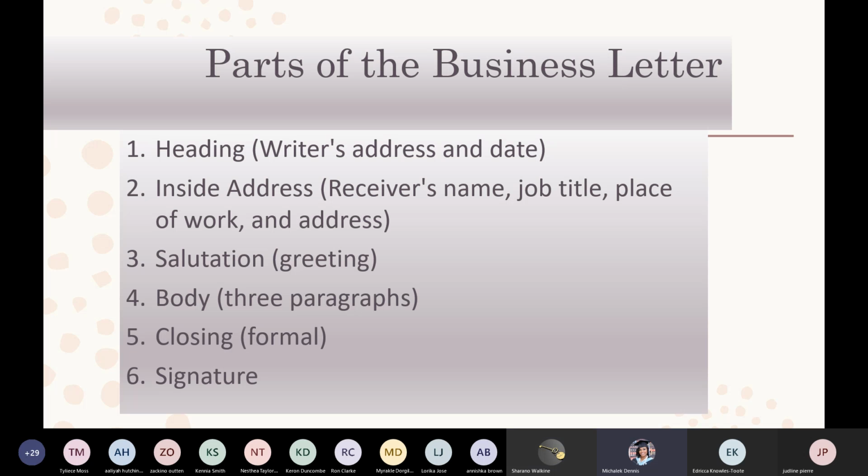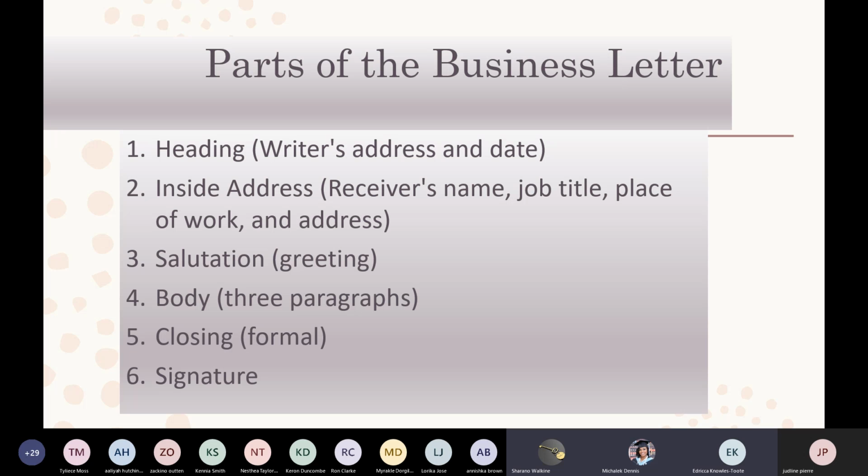Her place of work, C.C. Sweeting Senior High School. And then we would have the address, which would be the P.O. Box for C.C. Sweeting Senior High School, and then Nassau, Bahamas. Okay? So that's just to fill in so you can fully understand what I'm talking about when we say receiver's name, job title, place of work, and address.